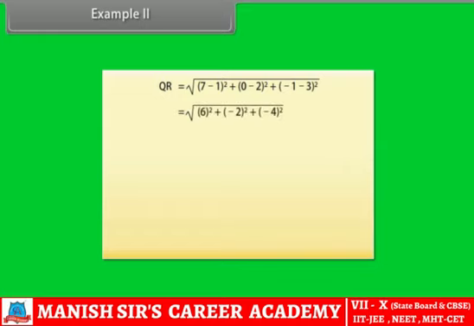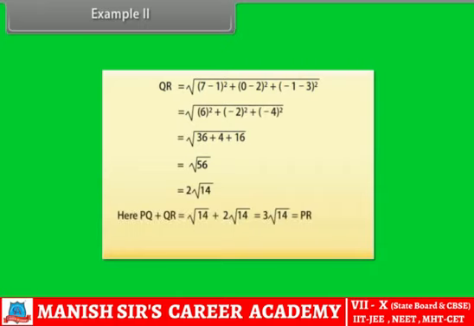After calculating QR, we get 2 into square root of 14. Here, PQ plus QR is equal to square root 14 plus 2 into square root 14 is equal to 3 into square root 14, which is equal to PR. Hence, the points (-2, 3, 5), (1, 2, 3) and (7, 0, -1) are collinear.